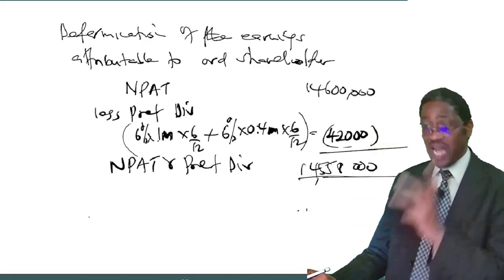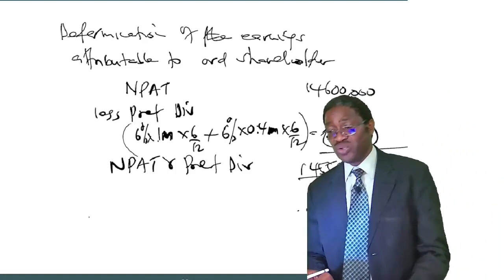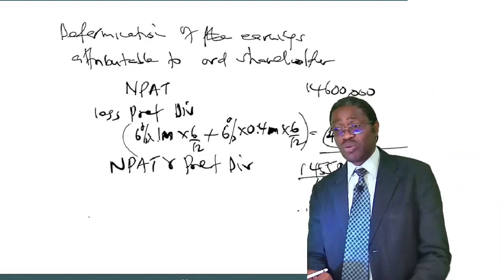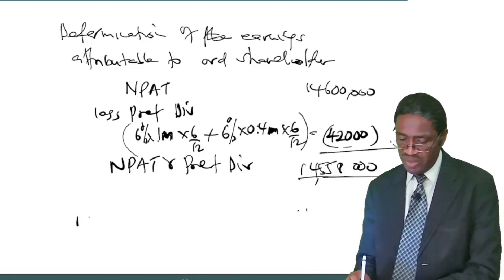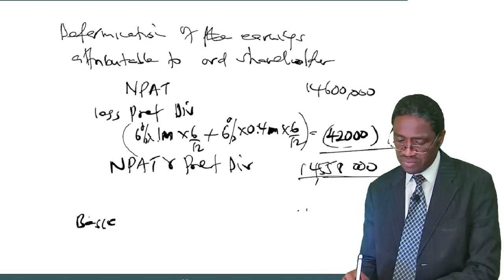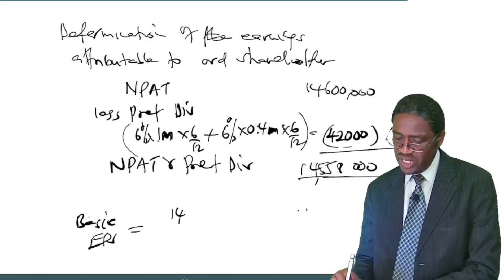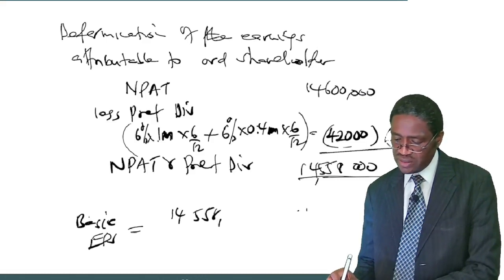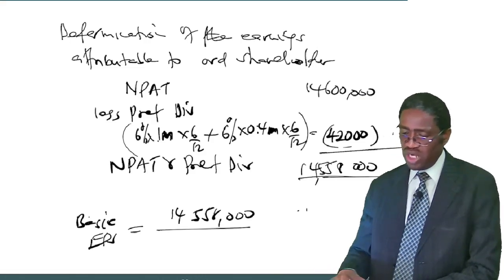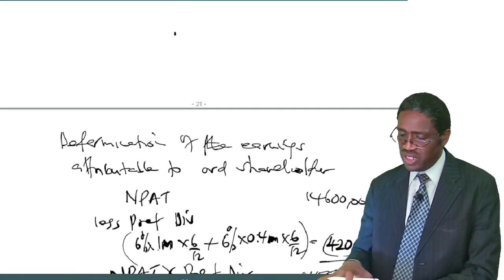Good. Now we know the earnings. Now we know the weighted average number of shares. Let's compute the basic EPS now. It would be 14,558,000. We divide by the weighted average. What did we get as the weighted average number of shares?